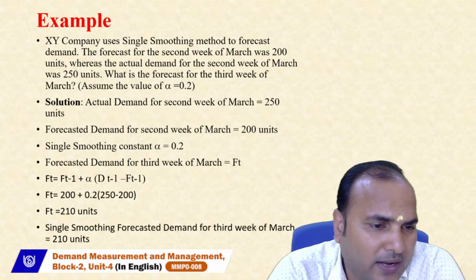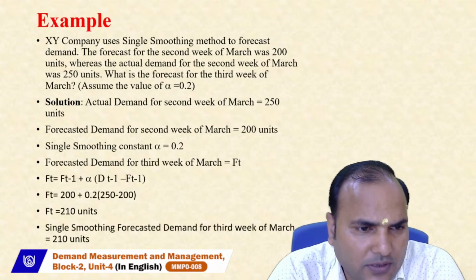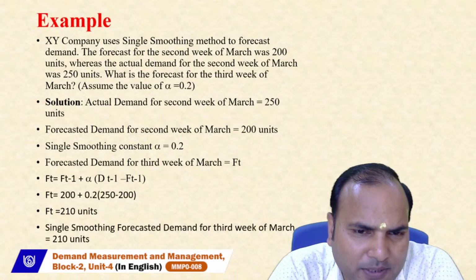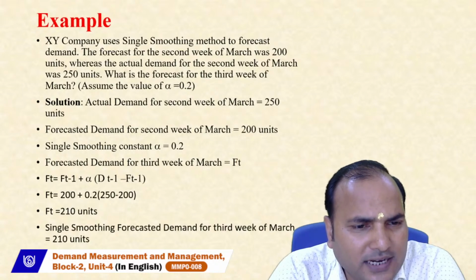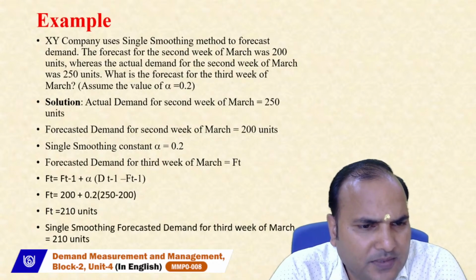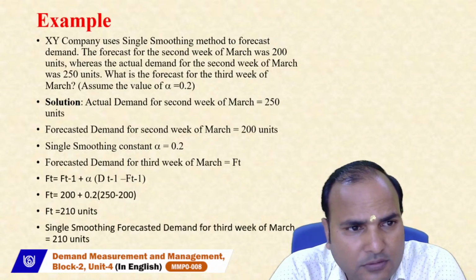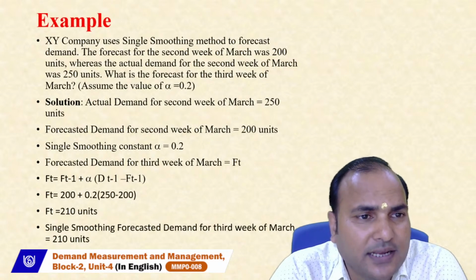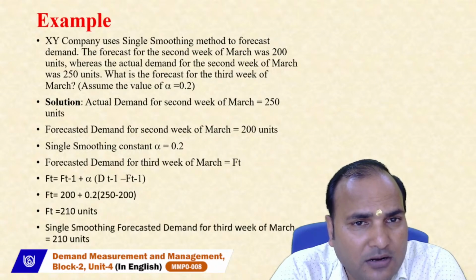So here, what is FT minus 1? T is the time period, minus 1 means previous. Here the previous period is March. So the forecasted demand of that particular period, March, is 200, and alpha is already given as 0.2. The demand for T minus 1 is 250 units, and the forecasted demand of that time period is 200 units.